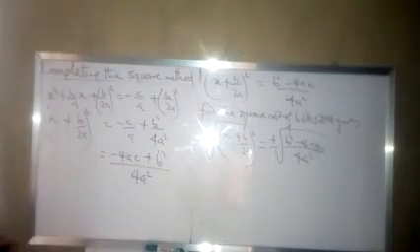You can put plus or minus, because anytime you are finding the square root of a value, it is either a negative sign or a positive sign. That's the reason why we are introducing plus or minus.